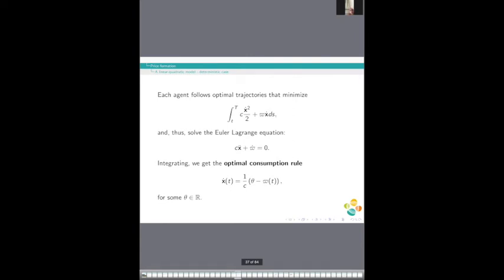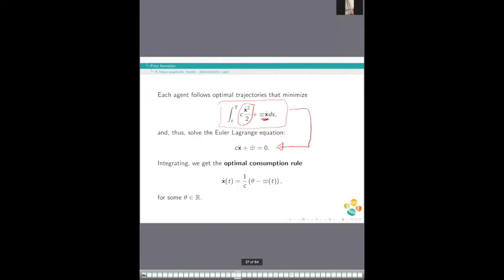So what do the agents do? Well, what an agent wants to do is to minimize a running cost. This is your trading costs, and this is your market impact costs. If you look at this, this is a one-dimensional variational problem, so there is a corresponding Euler-Lagrange equation.